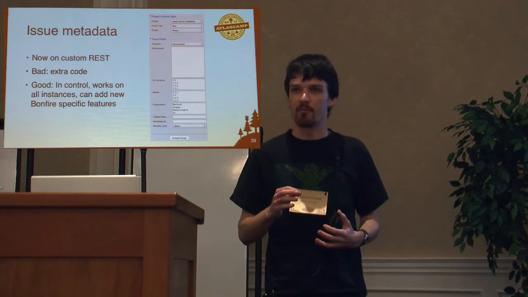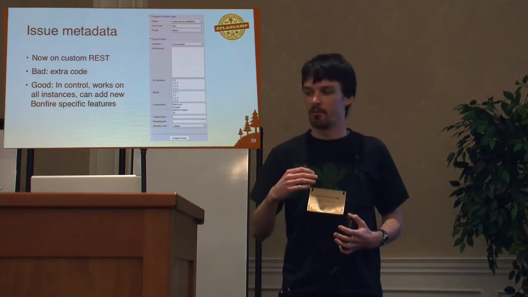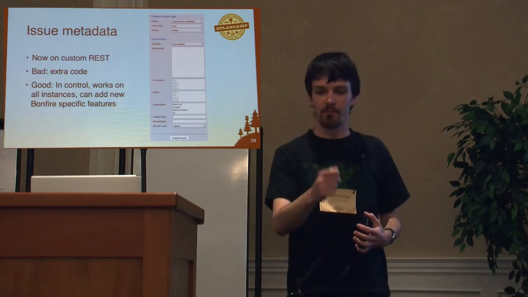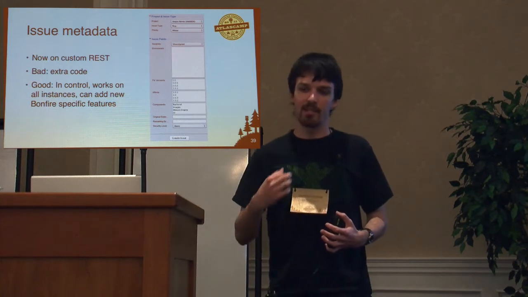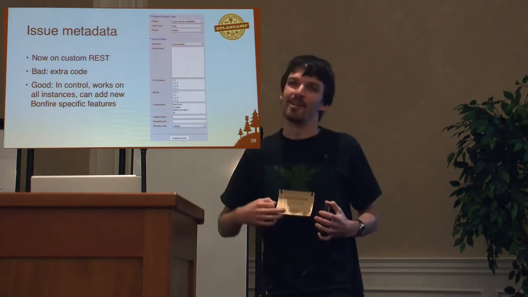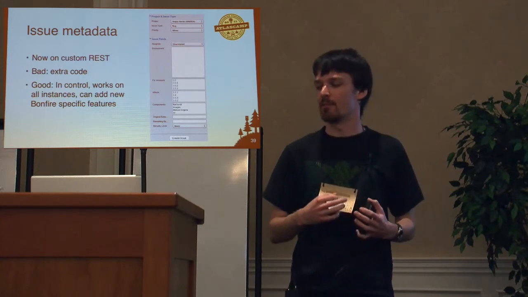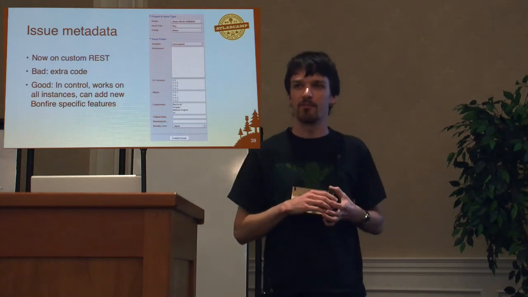One example of this was previously, when we were rendering the create issue form, we would query JIRA for the projects and then get a selected project, and for that project we'd query JIRA for the issue types and then get a selected issue type and then do a third request to JIRA to pull out the fields. So that was 3 requests just to fill out this create issue form.